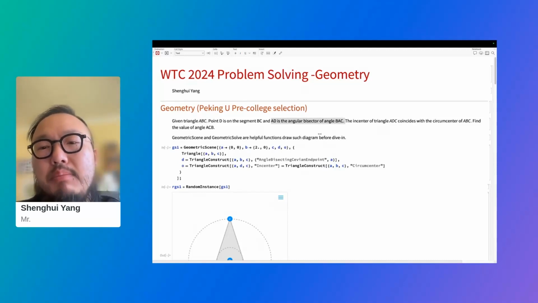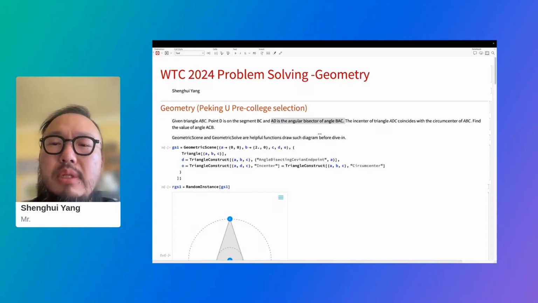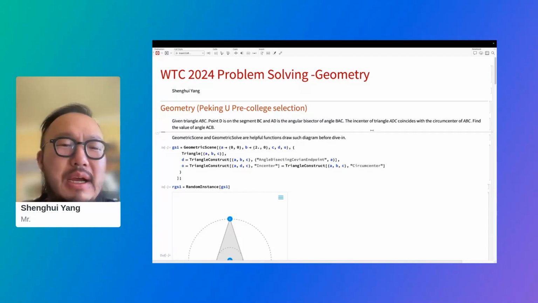But it is really hard to set up the right triangle so that the incenter of the small triangle exactly matches the circumcenter of ABC. This is a type of problem where you can see the Wolfram Language, the GeometricScene and GeometricSolve, are really, really useful.